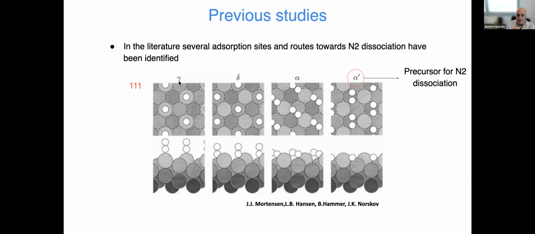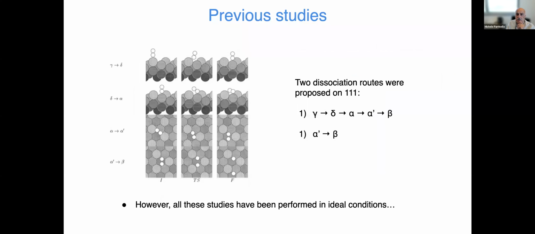This is a recapitulation of the different sites: the gamma, vertical on the second layer, and the alpha prime, horizontal deep down. And these studies suggest that the simulation proceeds as discussed here.